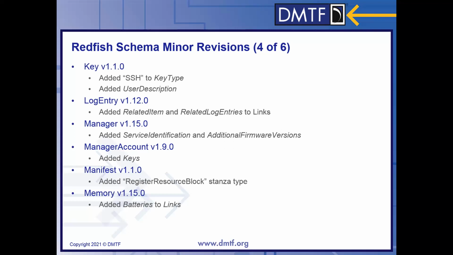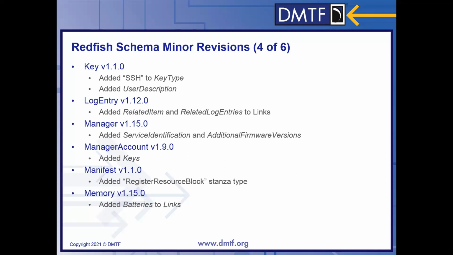Within manager, service identification was added as a user writable property. Today in service root, you have UUID to uniquely identify the service. But in a lot of environments, that's not necessarily very friendly for the infrastructure's cataloging types of software.